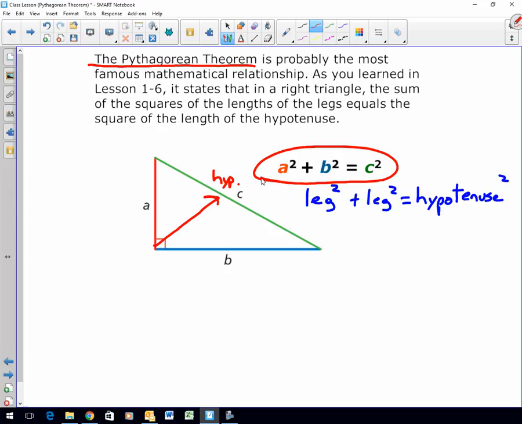The non-hypotenuse sides are considered legs. The reason I like that is it's foolproof. It'll work if I flip this triangle around any way you want to. If you do that method, you'll be okay. Leg squared plus leg squared equals hypotenuse squared.